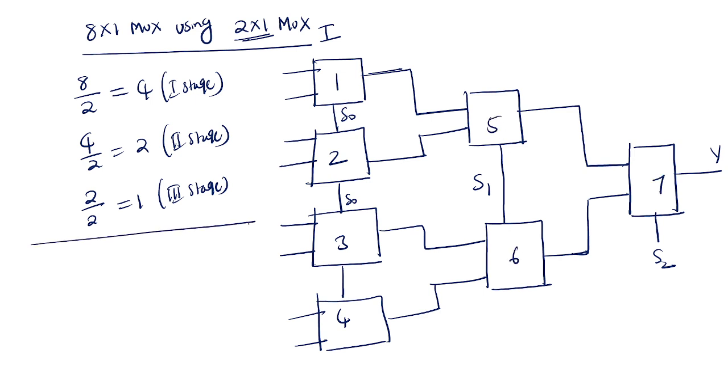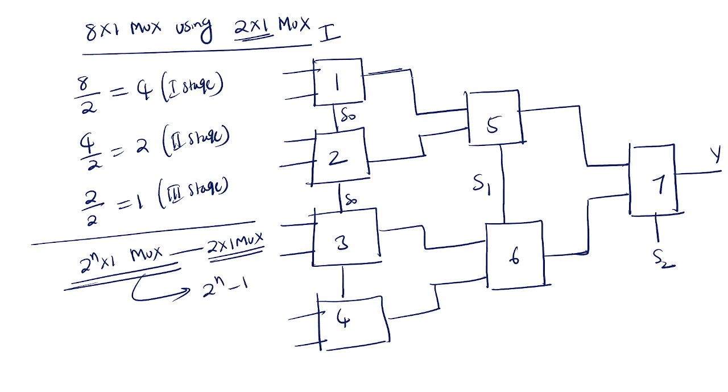So in general, suppose a 2 power n cross 1 mux is there. How many 2 cross 1 muxes are required to implement it? Yes, 2 power n minus 1.